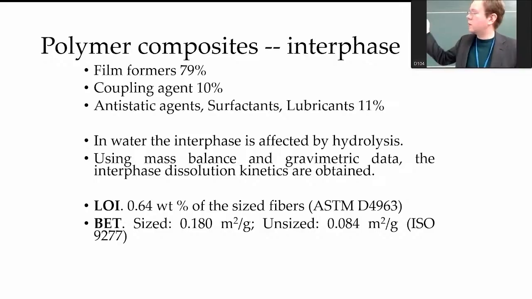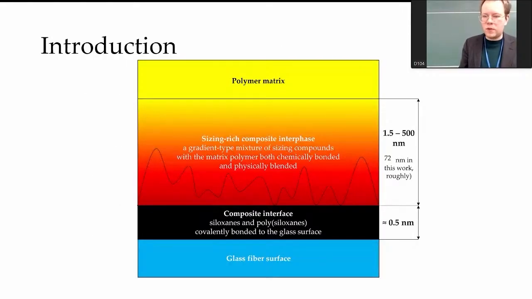The film formers are polymers, so it's about 80% polymer. And typically these sizings can also be degraded with time. It's also very small amounts, which is on the fibers. Therefore, it's really hard to measure experimentally, but we try to use a chemical engineering principle, the mass balance approach, to get it.